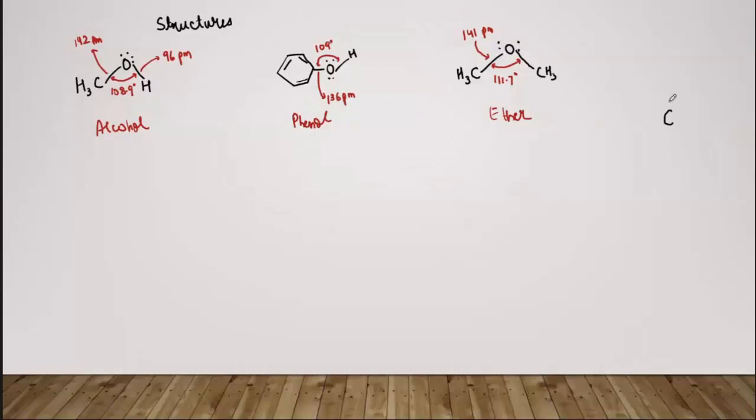So one geometry is tetrahedral geometry, which is composed of 4 groups around an atom.